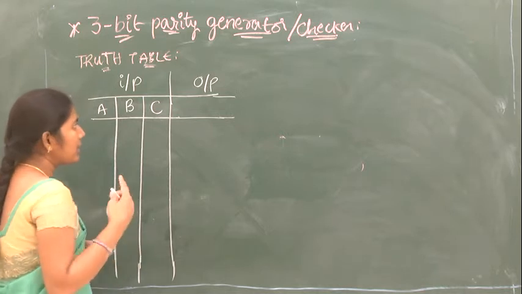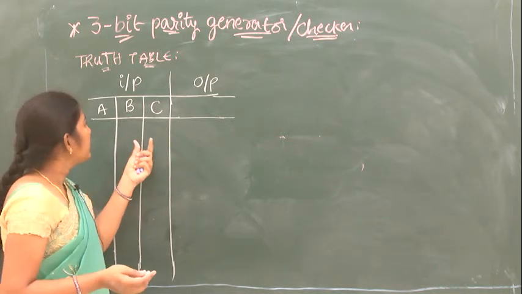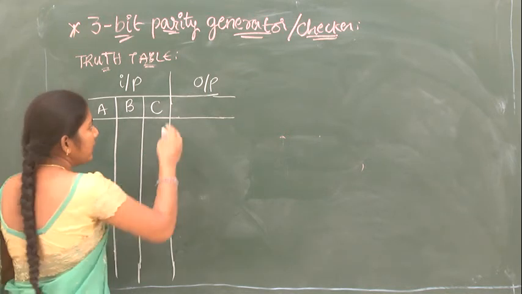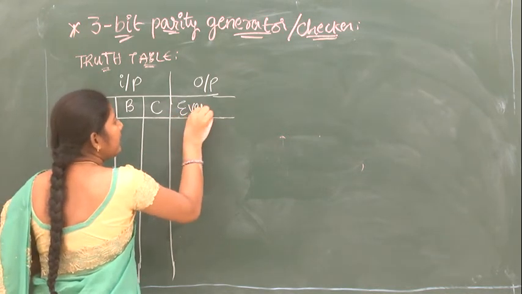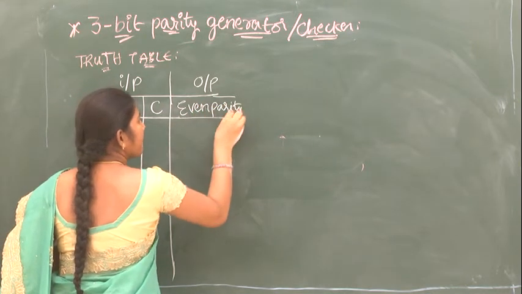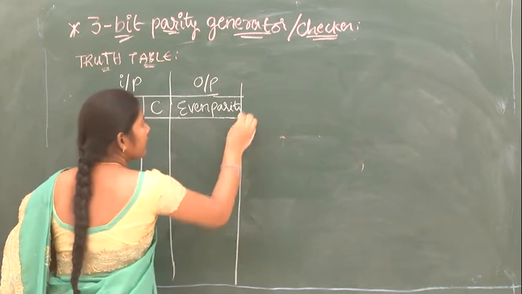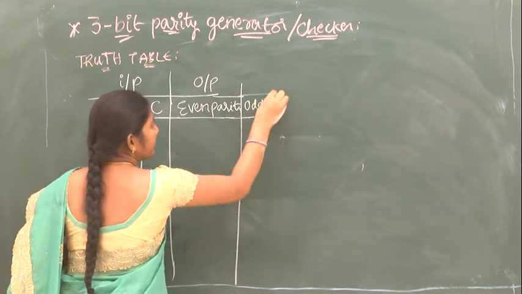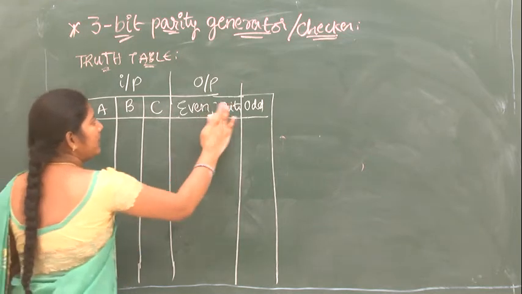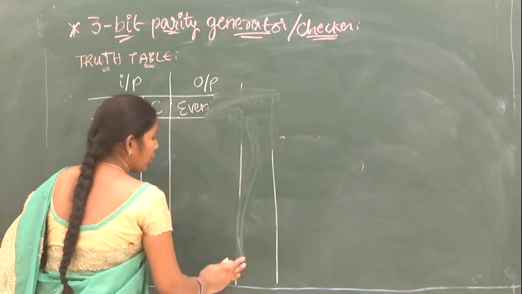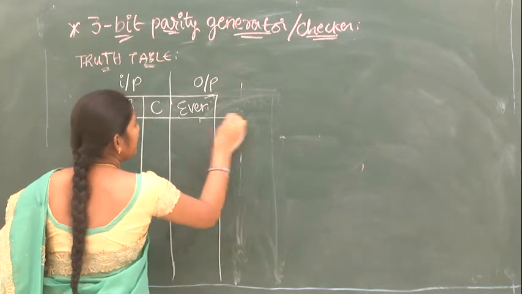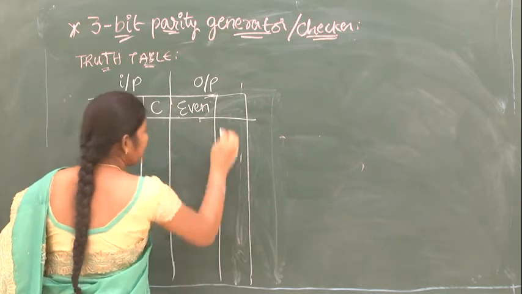As I already told you, this 3-bit parity generator we can implement through either the even parity scheme or the odd parity scheme. First we'll develop the values, then we'll see what the logic expression is for this.